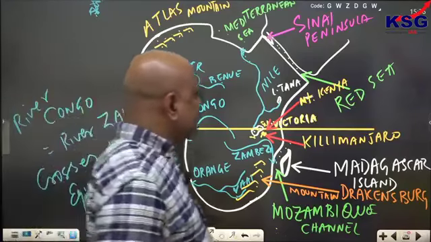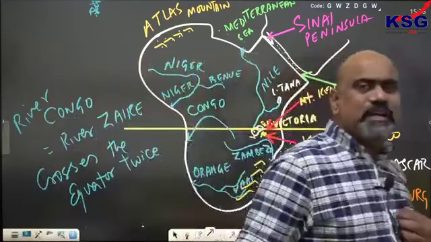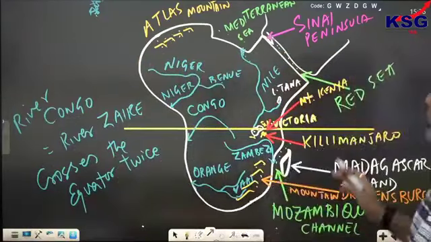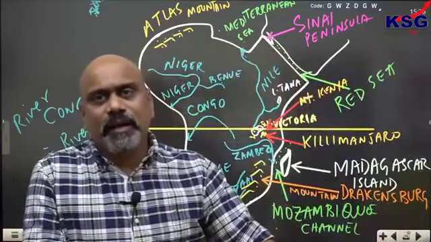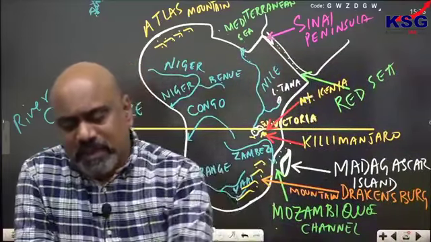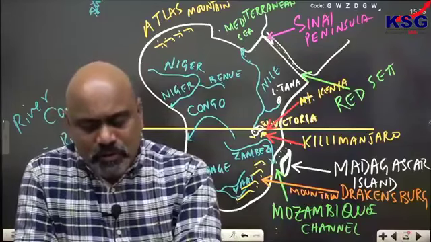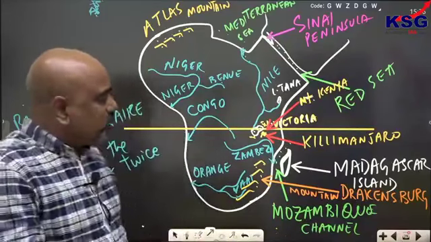You have mountains like this. Kilimanjaro is the highest peak of Africa. Africa की highest peak है Kilimanjaro. Okay, Kilimanjaro is the highest peak of Africa.